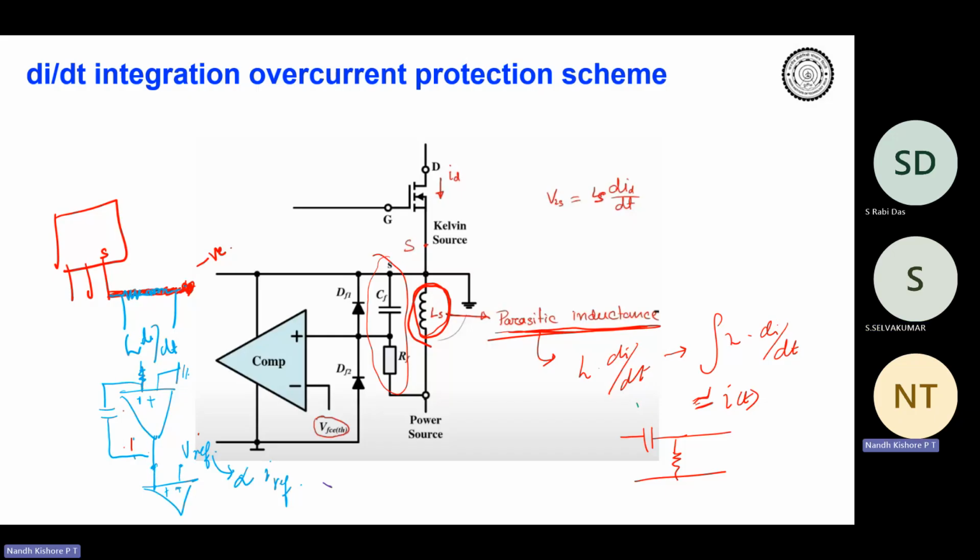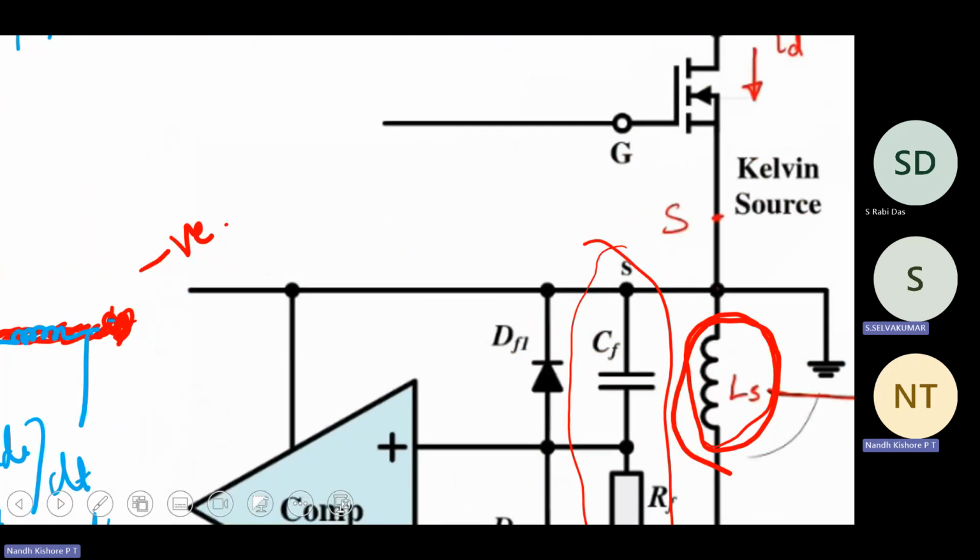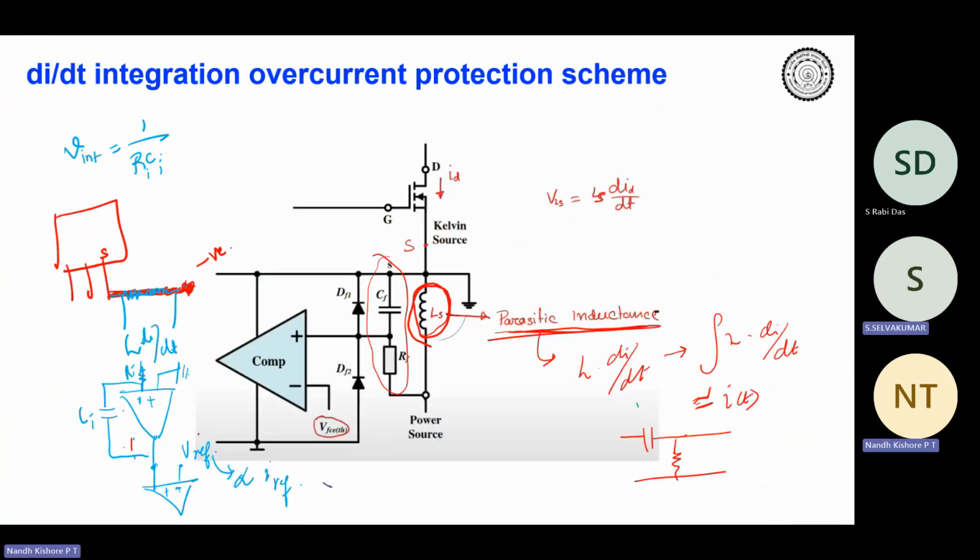Yes, sir. So how do you set the value for VREF? You know that the output of the integrator is 1 by RC, correct? V int, if I call it, the output of the integrator would be 1 by RC, whatever the integrator RC value is, into whatever is VLS.